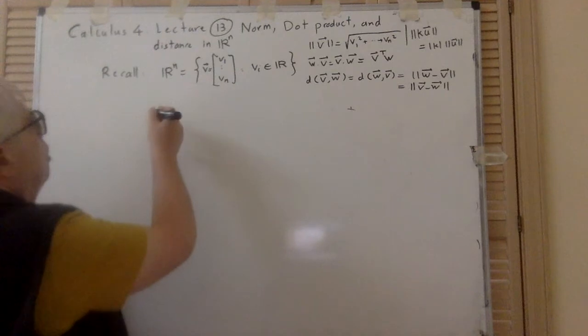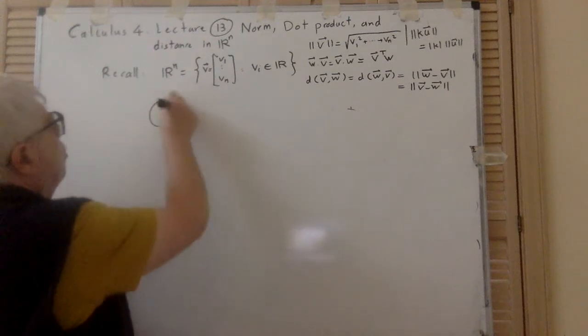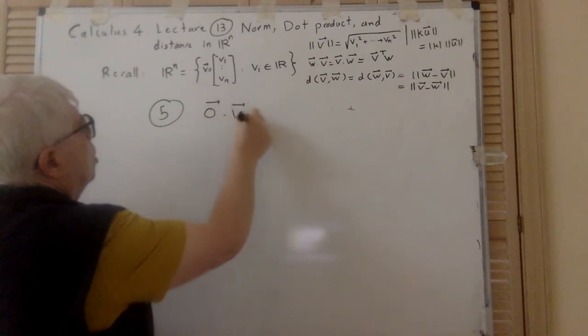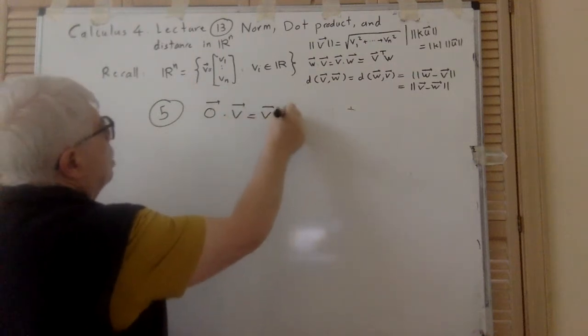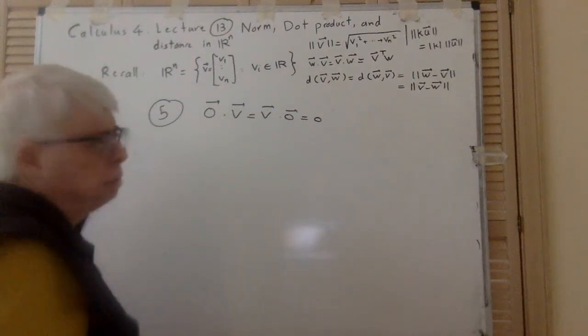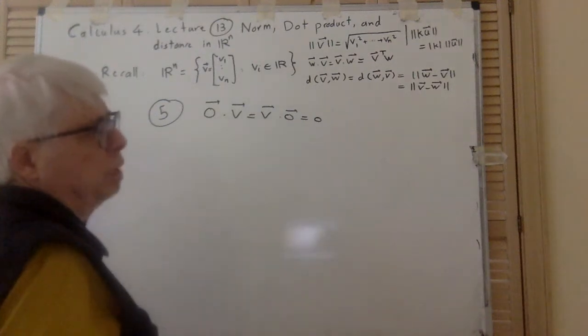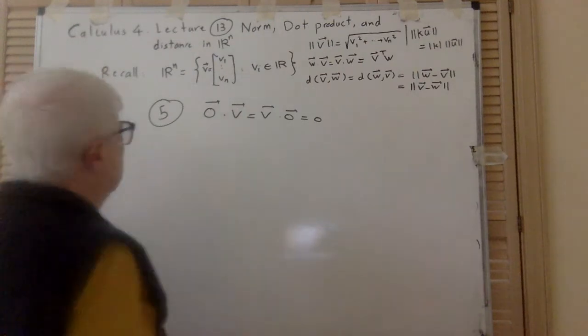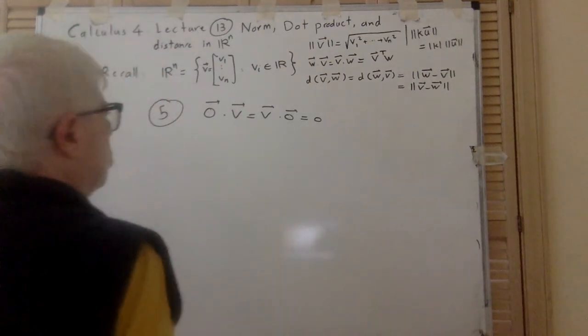Another one which I should have added here, so number 5, is if I dot the 0 vector with anything, either way, I will get the number 0. Because it has 0 entries, so 0 times anything is 0, and you're adding zeros.